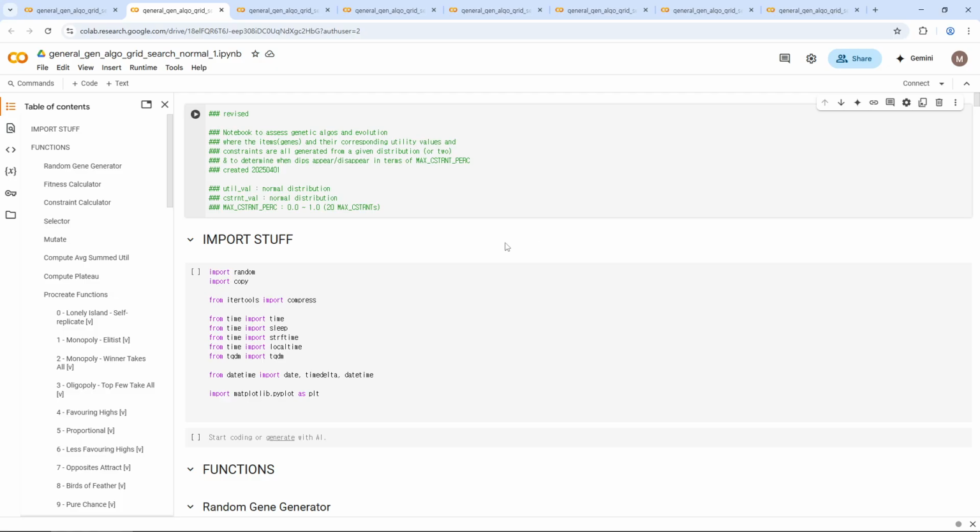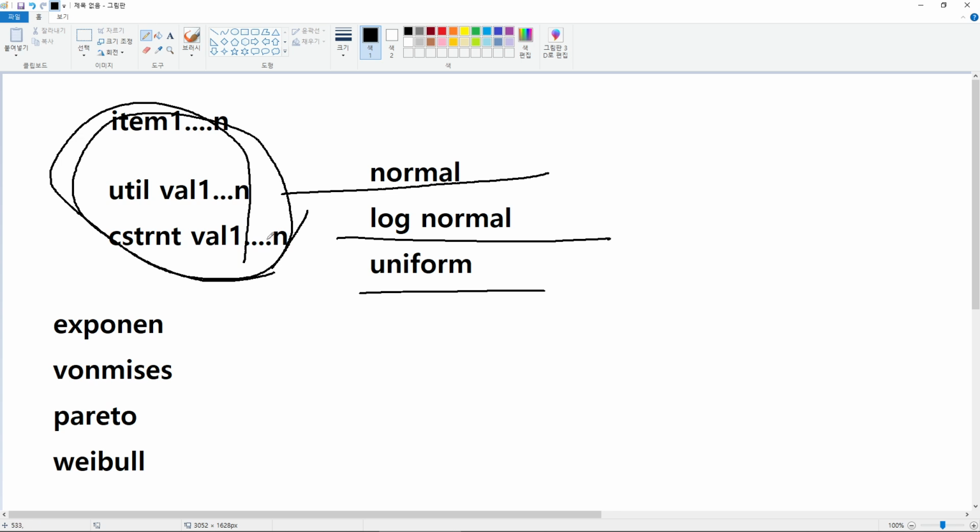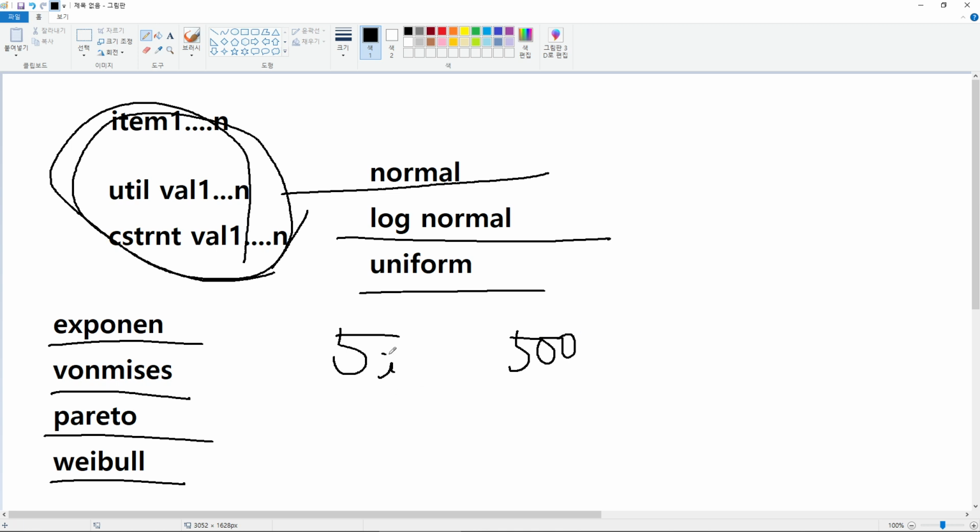So, 7 notebooks. Values fixed, sampled from one of these distributions, and I do 5 evolutions for 500 generations, so 5 iterations for 500 generations per max constraint percentage.